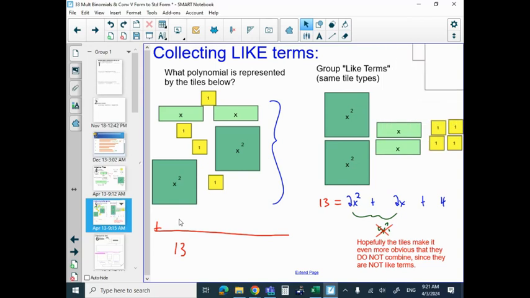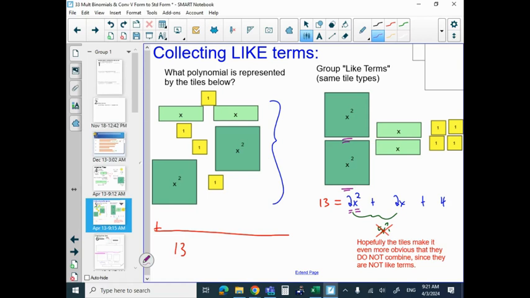But the polynomial itself: you have your 2x squareds, right? So they're going to combine, and that's what we refer to as combining like terms. So 2x squared tiles gives you, of course, 2x squared as the polynomial that represents it. The idea is to recognize that 2 of these is just like saying 2 of these pictures. Same thing for the x tile.